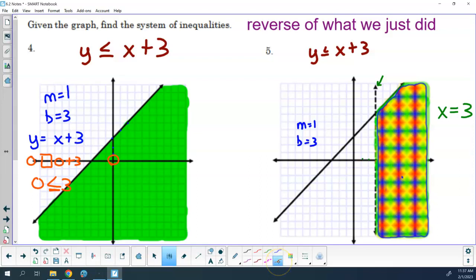If I make my test point be the origin once again, I need this to be false, so I need it to be dashed, so it's going to be greater than, so x is greater than 3. And that then becomes that system of inequalities. Okay?